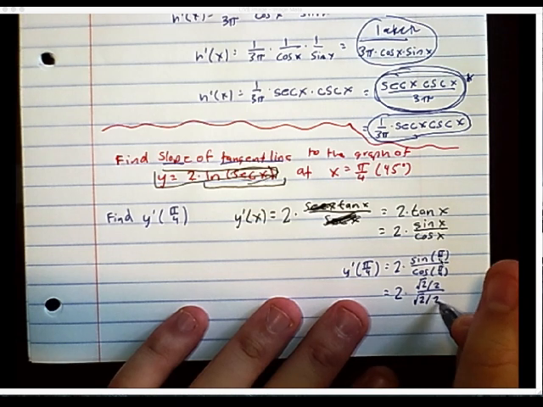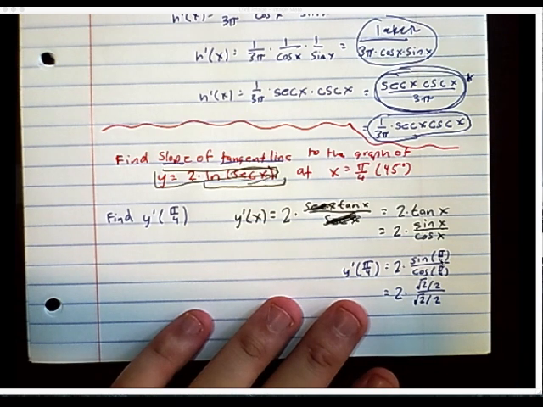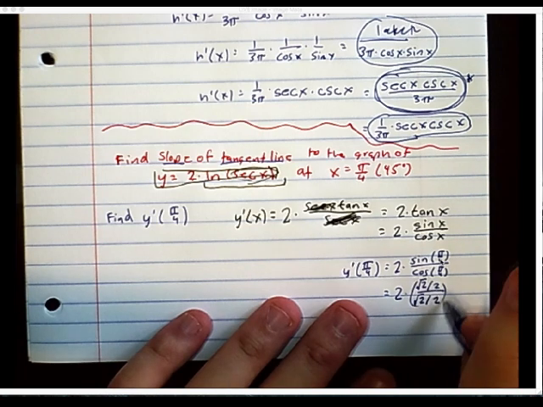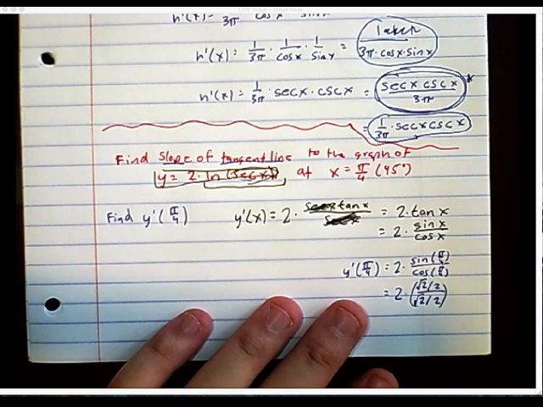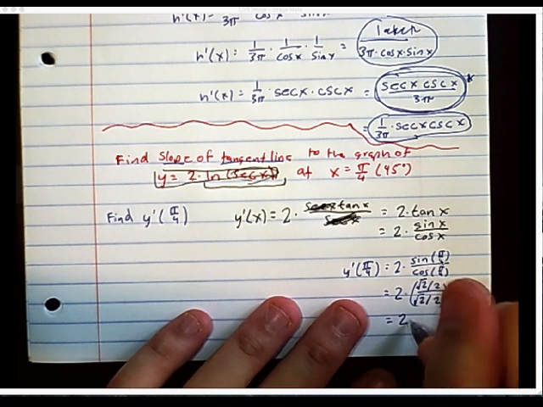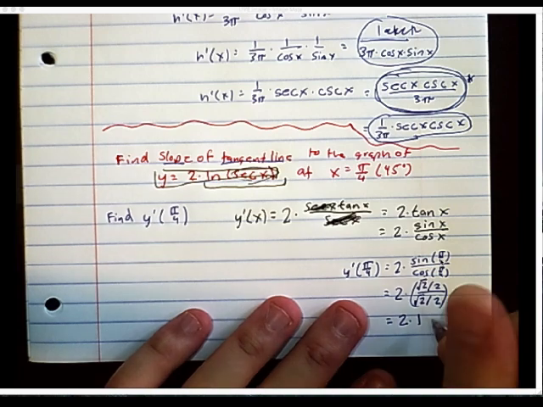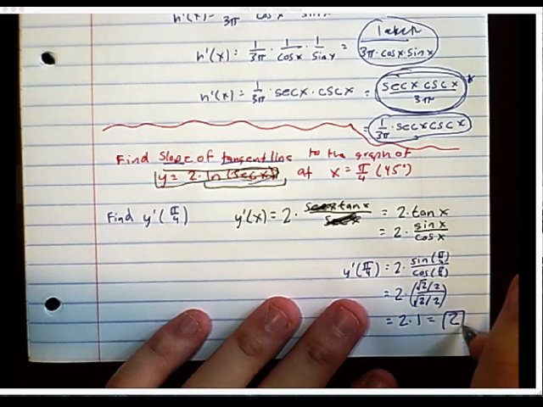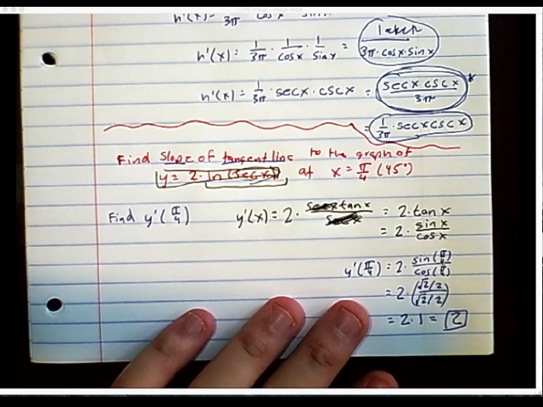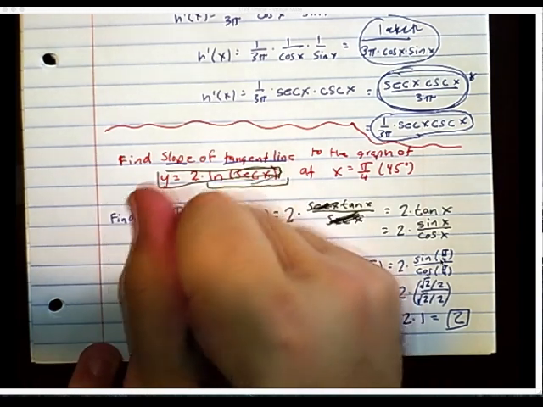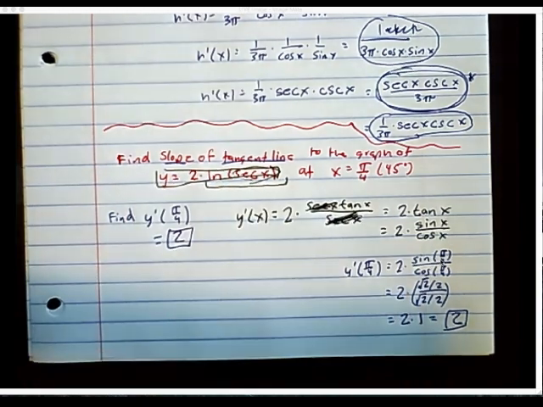It's root 2 over 2. Okay. So this root 2 over 2 divided by root 2 over 2, it's the same on the numerator and denominator, so that just turns into a 1, because the tangent of 45 degrees is 1. So my final answer here is simply 2. They're just asking me to figure out the slope. So it's 2.